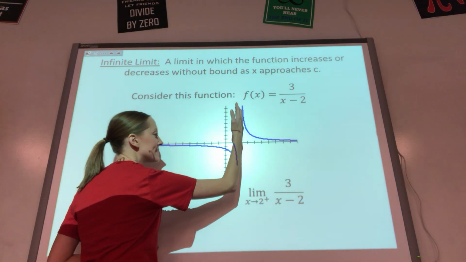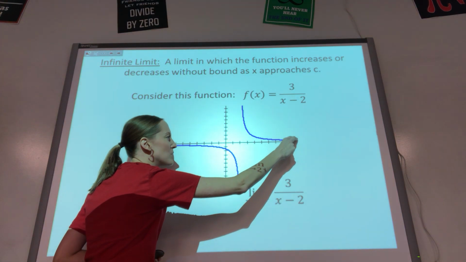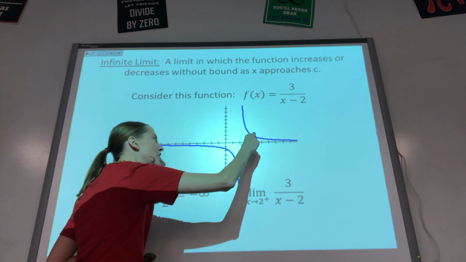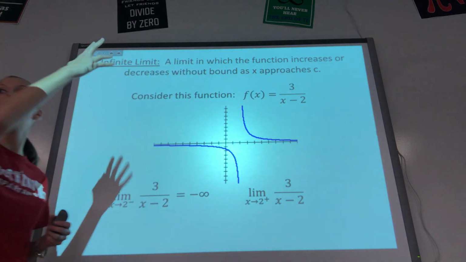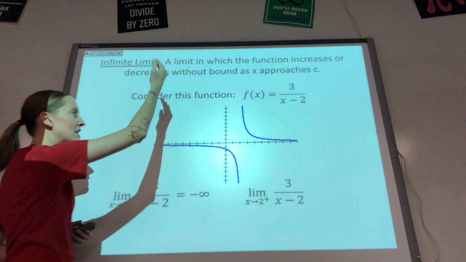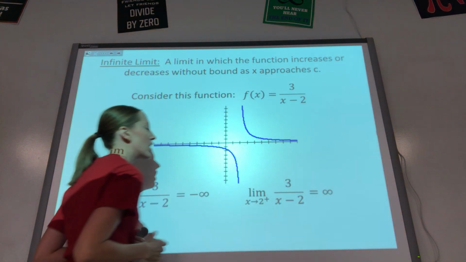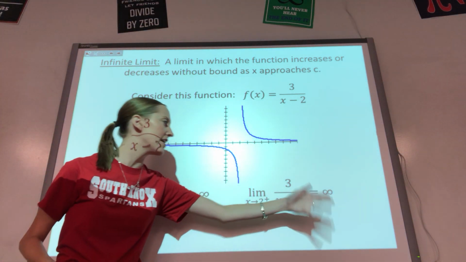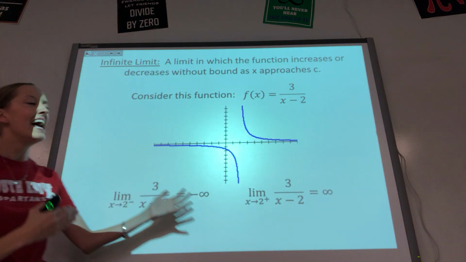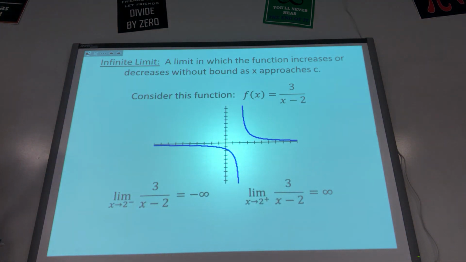So this is where x is 2. As I get closer and closer to where x is 2, my function is increasing without bound. It's increasing forever and ever. That is when your limit is positive infinity. You don't have to put the plus sign there. You can just put infinity, and we assume it's positive.